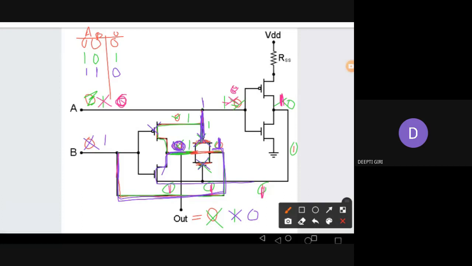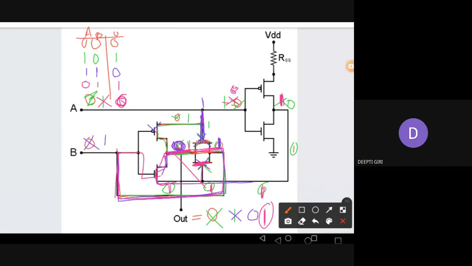And B is 1, so this NMOS is on. So 1 is going to the output. Again, you can see this 1 is making this NMOS also on. So B is 1, and B is also coming through this way also. So now output becomes 1. That means A is 0, B is 1, output is 1.